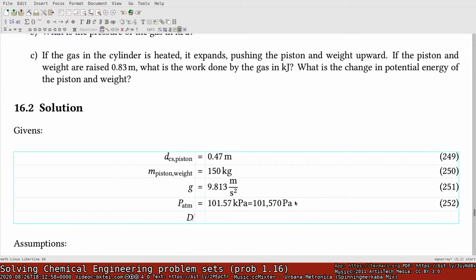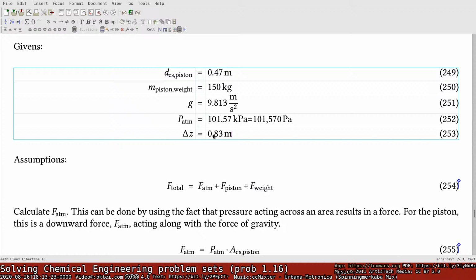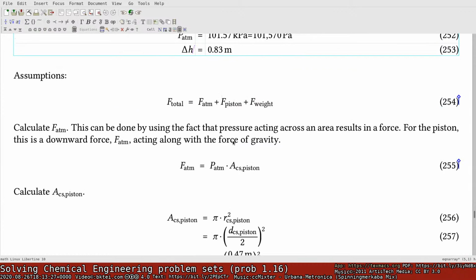So let's go with a delta H, or Z. I guess it wouldn't be fancy. Nah, let's go with height. Let's go with Z then. Fine. 0.83 meters is the height that it is raised. You know what? I'm the boss here. Delta H. Okay.